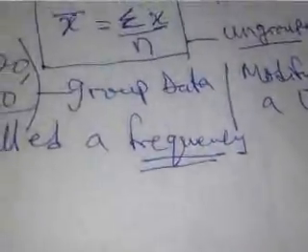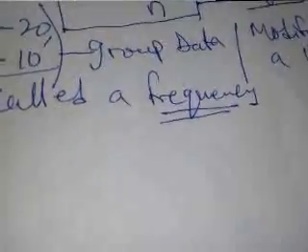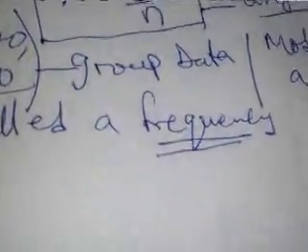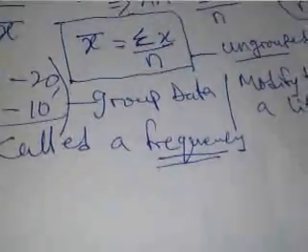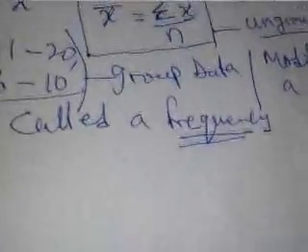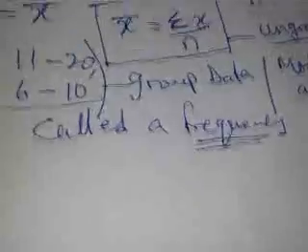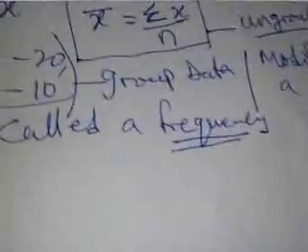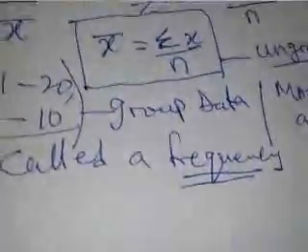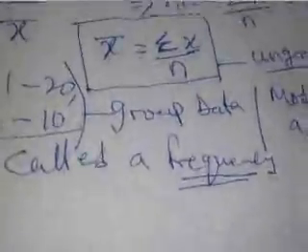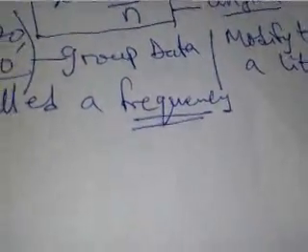But let me break it down to normal language. Frequency is the number of times something occurs. It is the degree at which something occurs. Sometimes you can say it's the number of times an item appears. So when we ask what's the frequency of the disaster, or the frequency of the outcome, what you want to know is the number of times it occurs or appears.